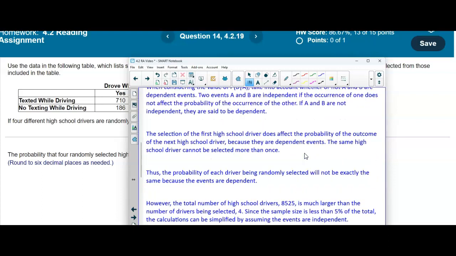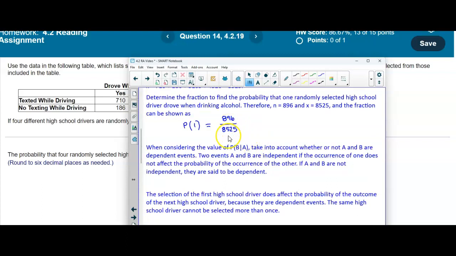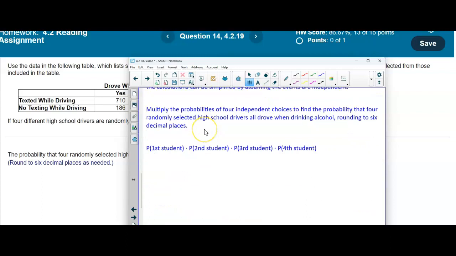Well, if we go back, we know that 896 over 8,525 represented the first student.